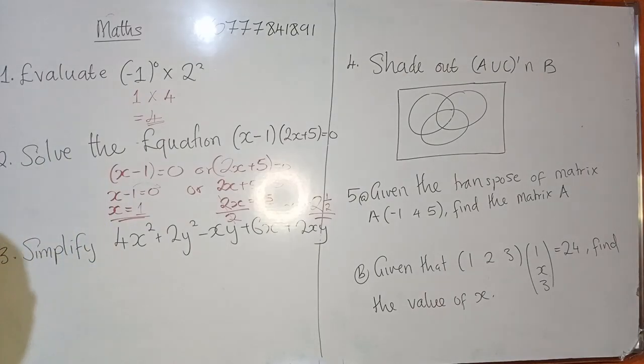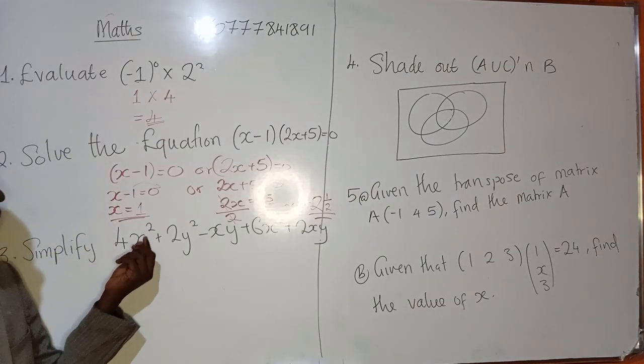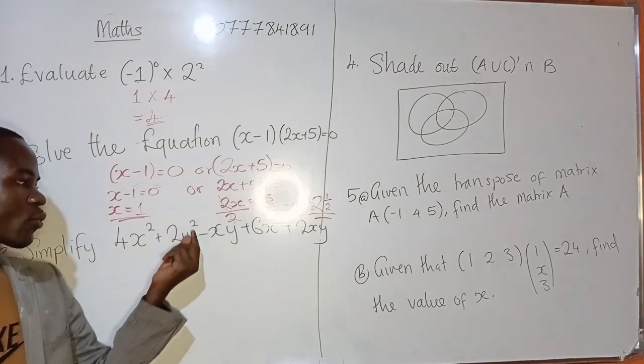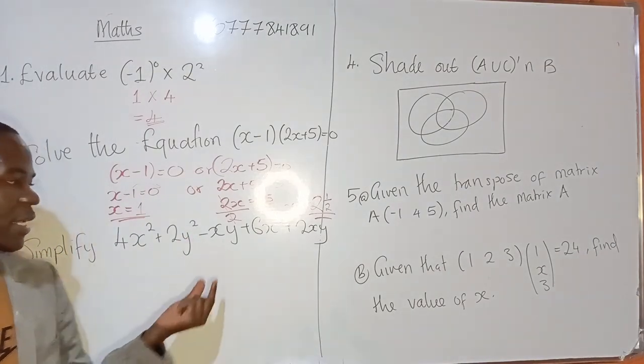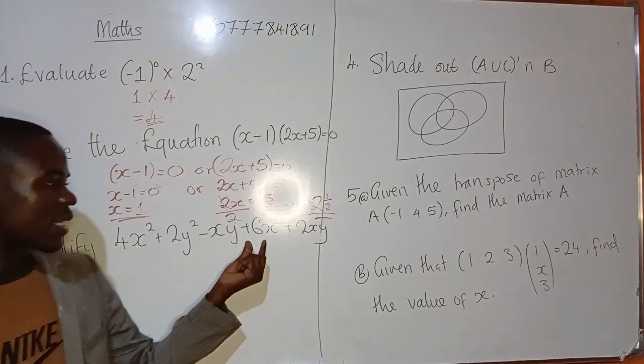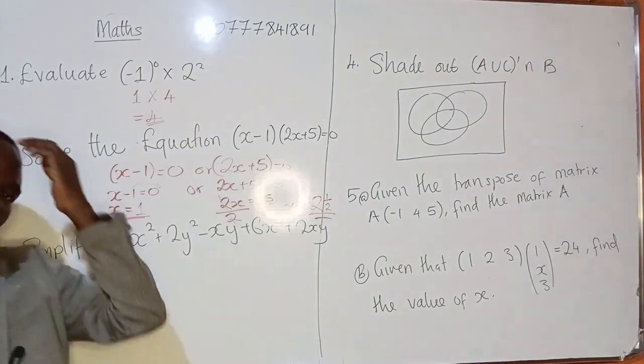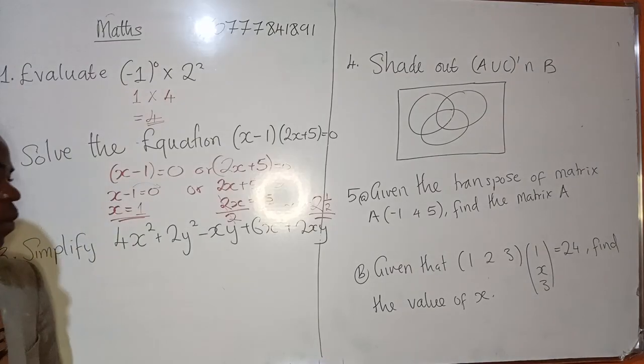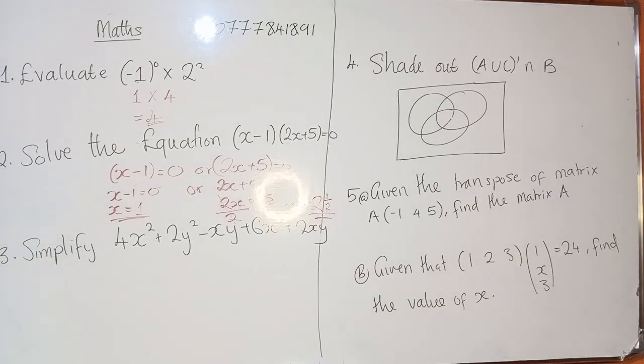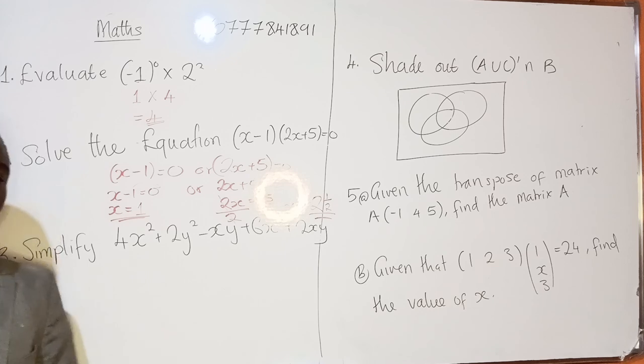They're saying simplify 4x to the power 2 plus 2y to the power 2 minus xy plus 6x to the power 2 plus 2xy. We are required to simplify this. We are not told to solve for the value.